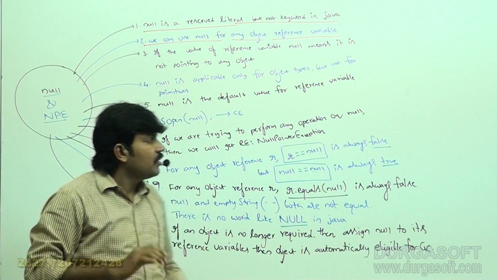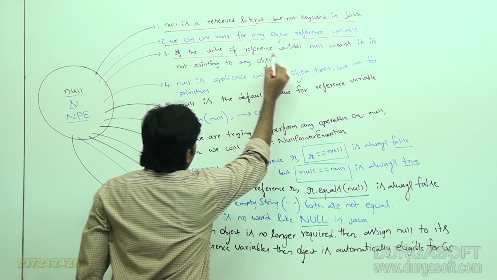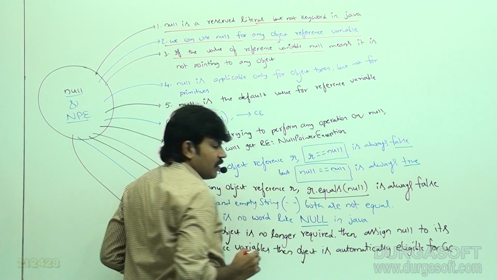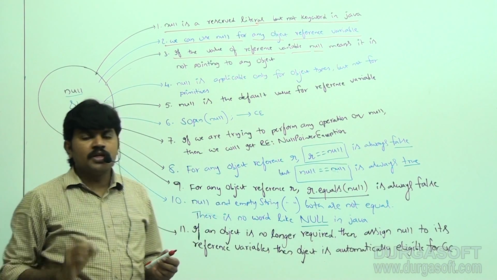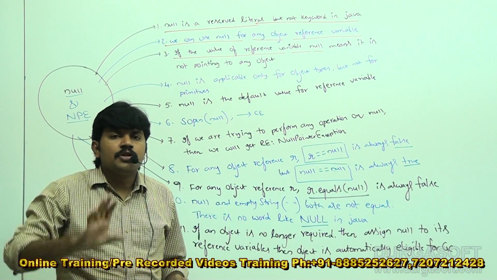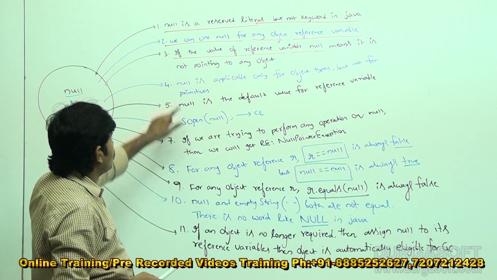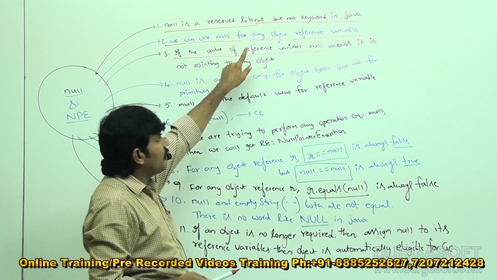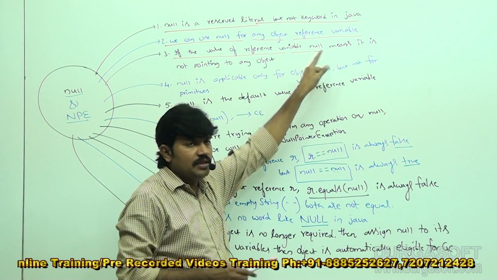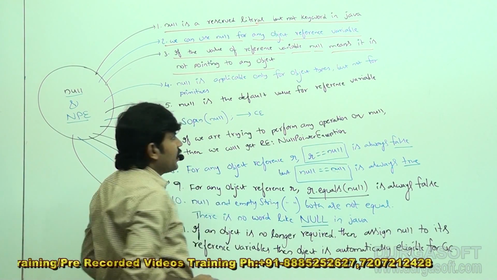Next one, if the value of a reference variable is null, what does it mean? It is not pointing to any object.